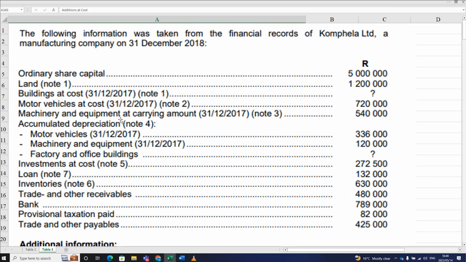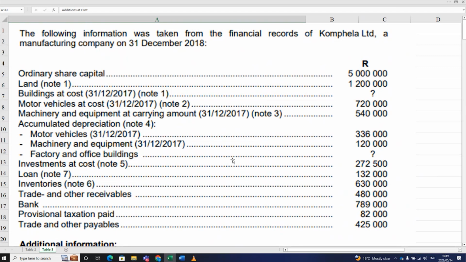For example, ordinary share capital of 5 million here is an equity item, so for our purposes it's irrelevant. If they asked for the whole statement of financial position, then yes, we'd have it there under equity.